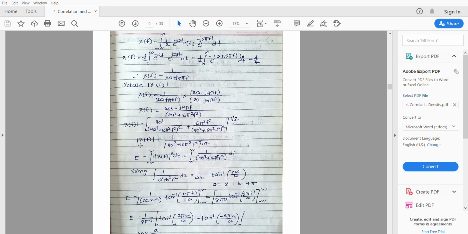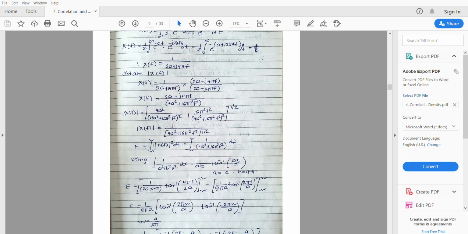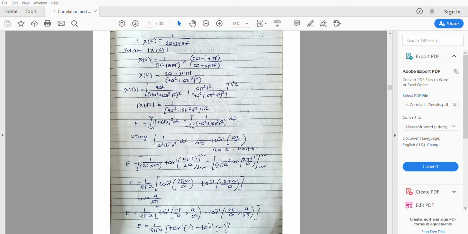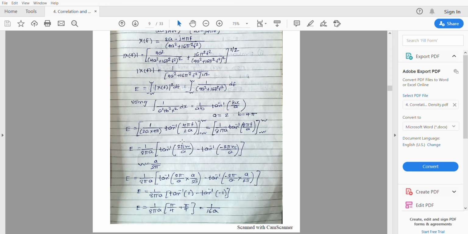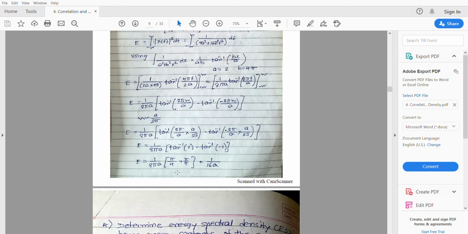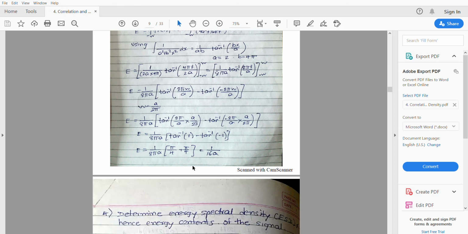Take the square of this, and after that take the integration. The integration limit is minus w to w. To make this integration easy, we use the integration formula. See here, this is the formula we are using, and the entire integration is solved in our notes in detail, so go through it. After solving this integration, we get E equal to 1 upon 16a.